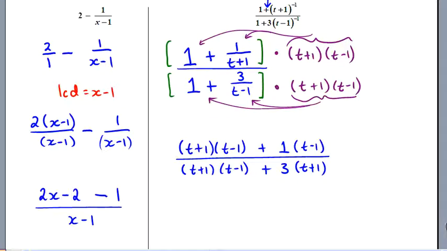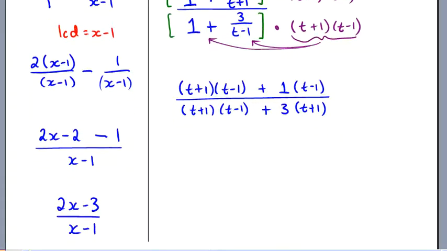Well, at least it's not a fraction of fractions anymore. It's awful looking, but it's not as bad looking as it was before. Cleaning this up, looks like we're going to have t squared minus a 1 plus a t minus a 1, all sitting on top of t squared minus 1 plus 3t plus 3.